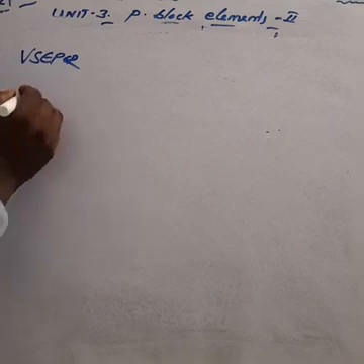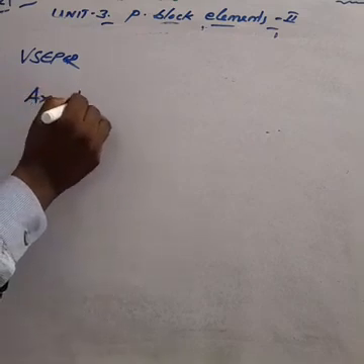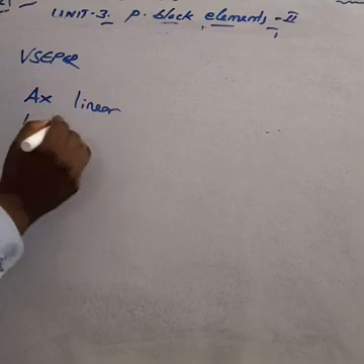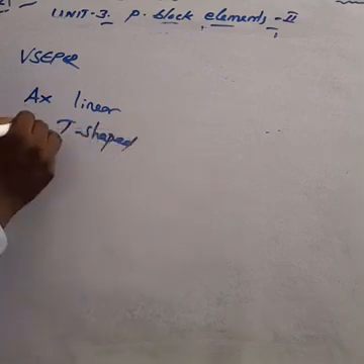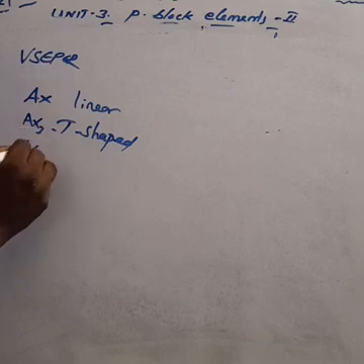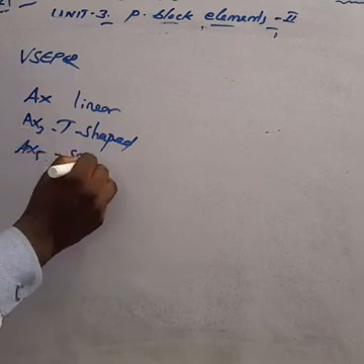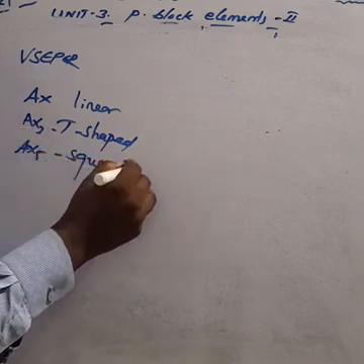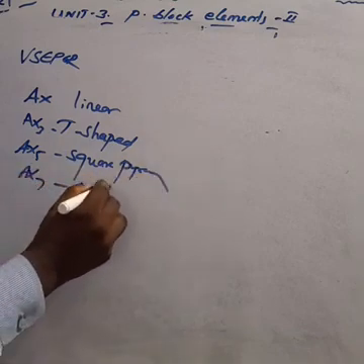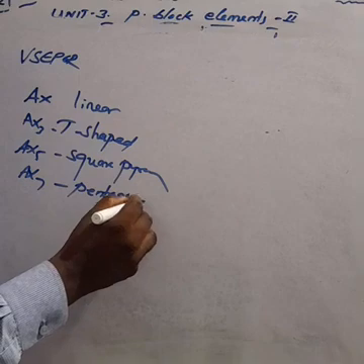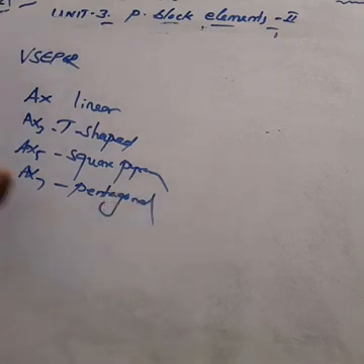AX has a linear structure. AX3 is T-shaped. AX5 is square pyramidal. AX7 is pentagonal bipyramidal. How can we explain this structure, the hybridization, and the bond pairs and lone pairs?